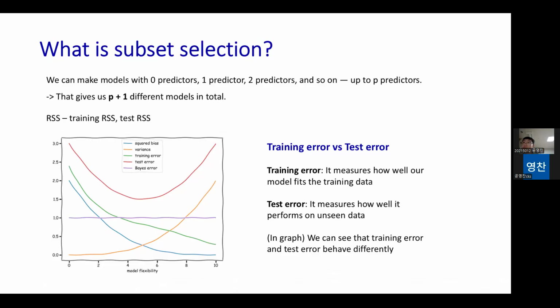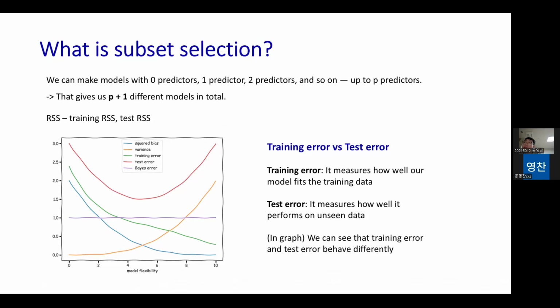the test error behaves differently. It first decreases, reaches a minimum, and then increases again. This happens because when the model becomes too complex, it starts fitting the noise instead of the true underlying pattern.